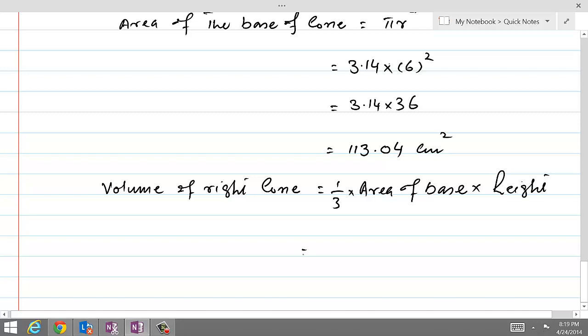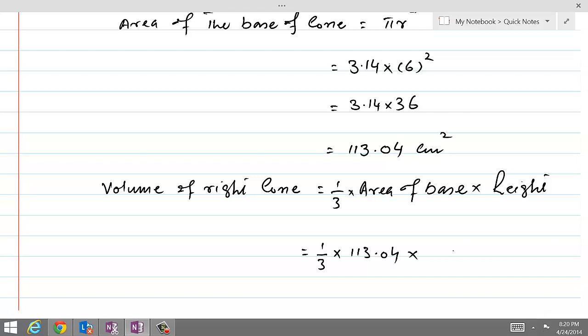So this is equal to 1 by 3 times 113.04 times height, and the height is given as 15.